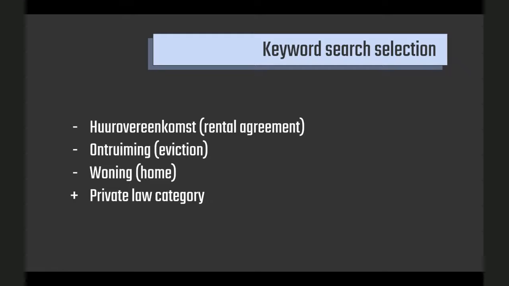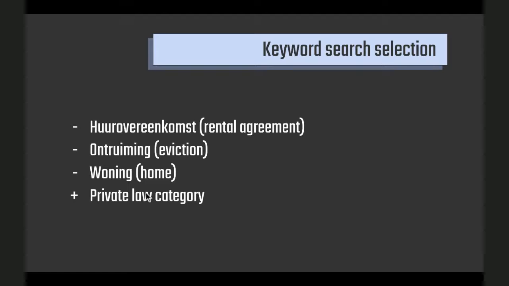So we took all the cases available in rechtspraak.nl, the database of Dutch case law, took only courts of first instance, and then only took cases that contained these three words and belong to the private law category, which should be the eviction cases. These words were rental agreement, eviction, and home.